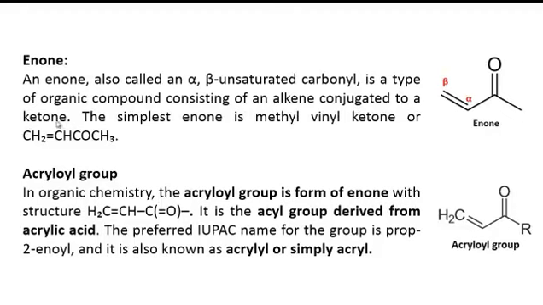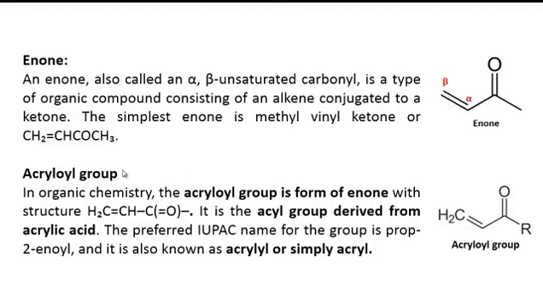So here you can see an alkene which is conjugated to a ketone. The ketone group has a carbonyl carbon here, and the carbon atom next to the carbonyl carbon is known as alpha carbon, and this is the beta carbon. So you can see that both at alpha and beta carbons, this is unsaturated.